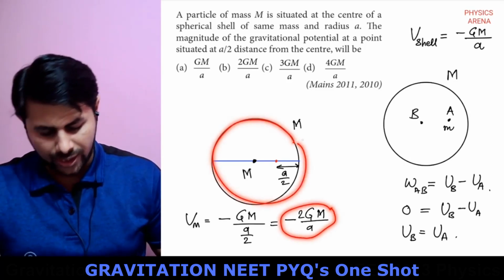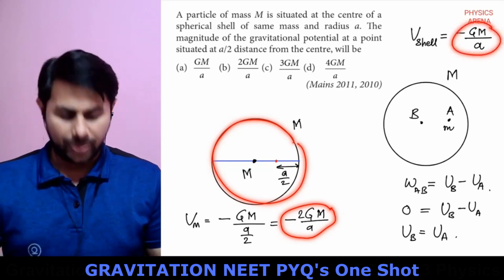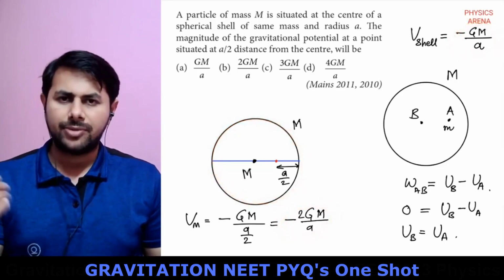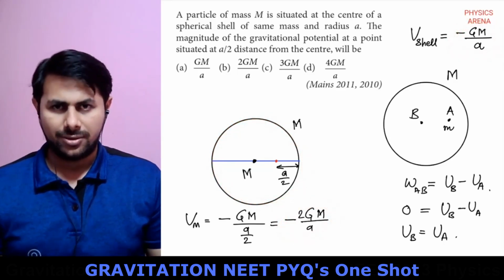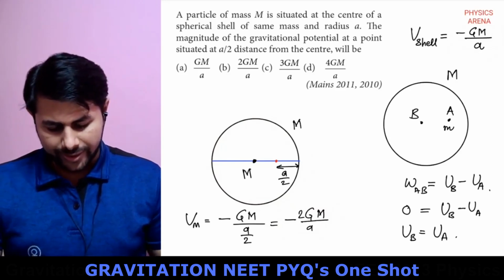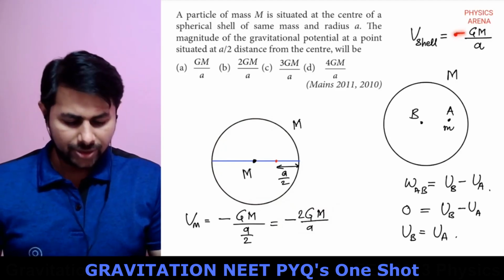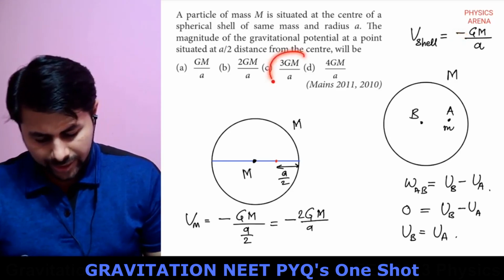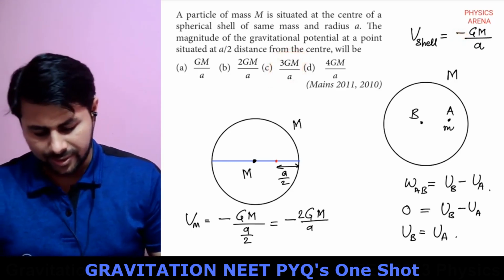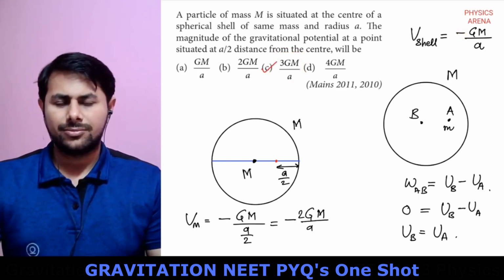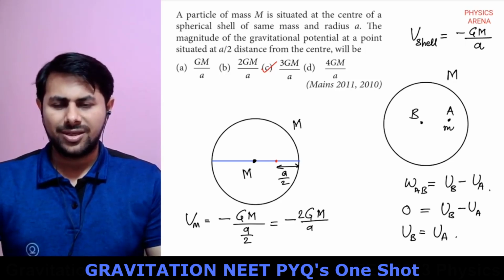The potential due to the shell is minus Gm upon a. So the total is minus 3Gm upon a. But they are not considering the positive or negative sign, so it will be 3Gm/a. This is the answer. Is it clear?